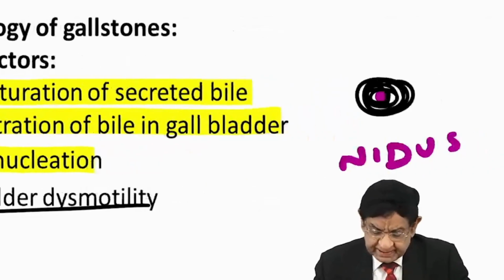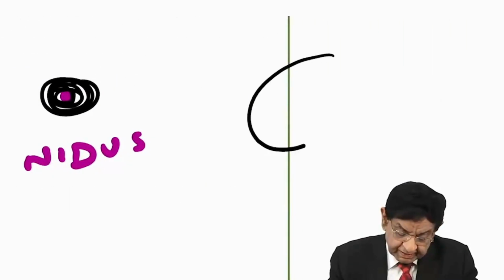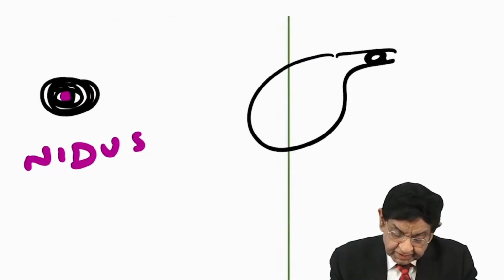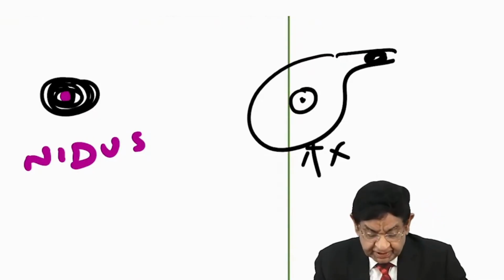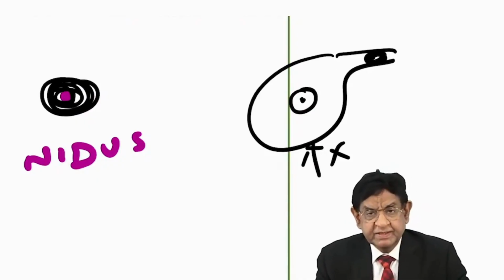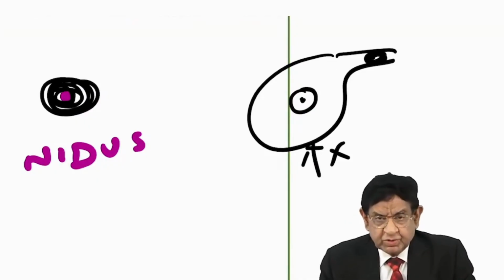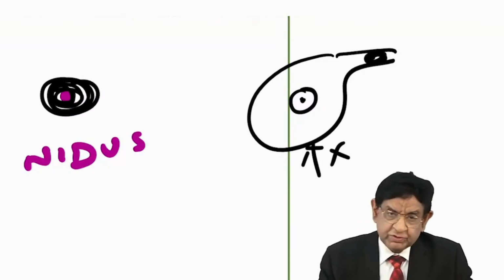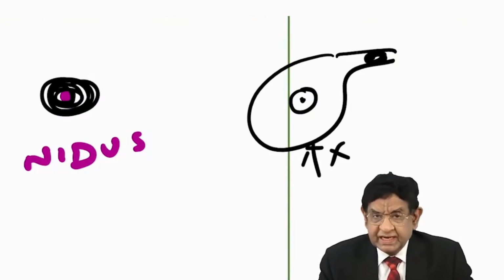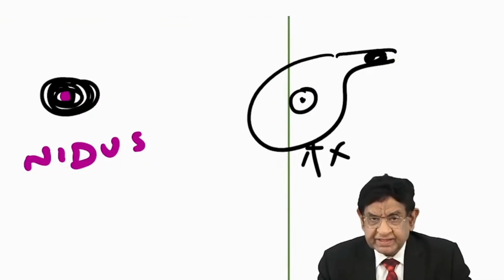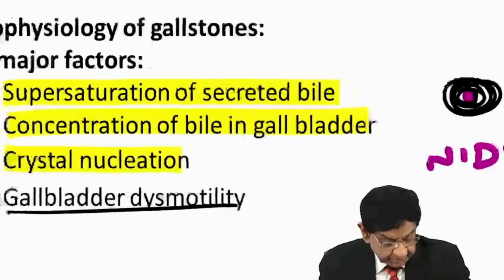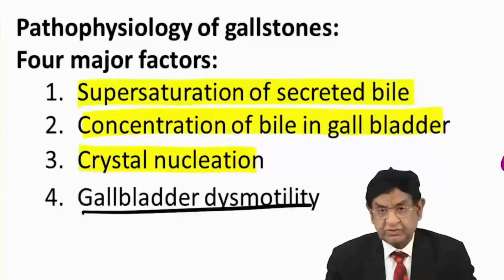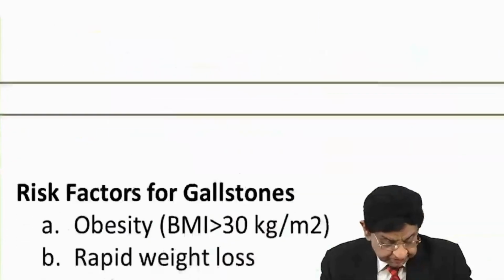Ultimately, the gallbladder is either blocked, or not contracting, or we have a nidus. So three things. Blockage will lead to increased concentration. This is how gallstones are likely to be made. Of course, there are many predisposing conditions like hemolysis or infection, which make a nidus for stone formation. So I hope you are clear about the pathophysiology of gallstones.